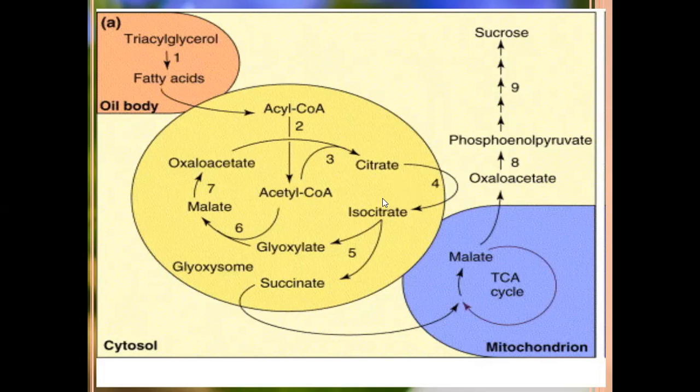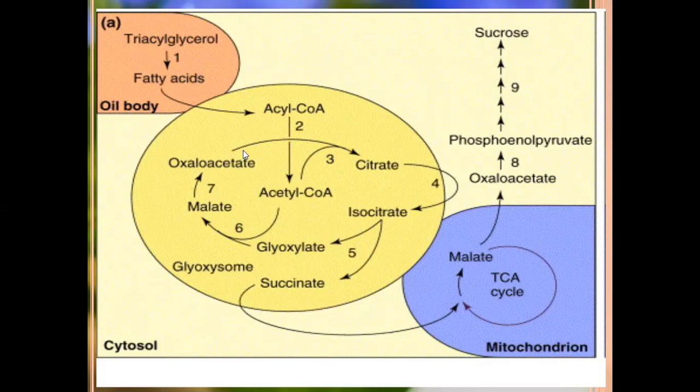Up to these reactions, they are similar to the tricarboxylic acid cycle, like in the Krebs cycle. The same reactions occur in the TCA cycle also, but the TCA cycle occurs in the mitochondria, not in the glyoxysomes.